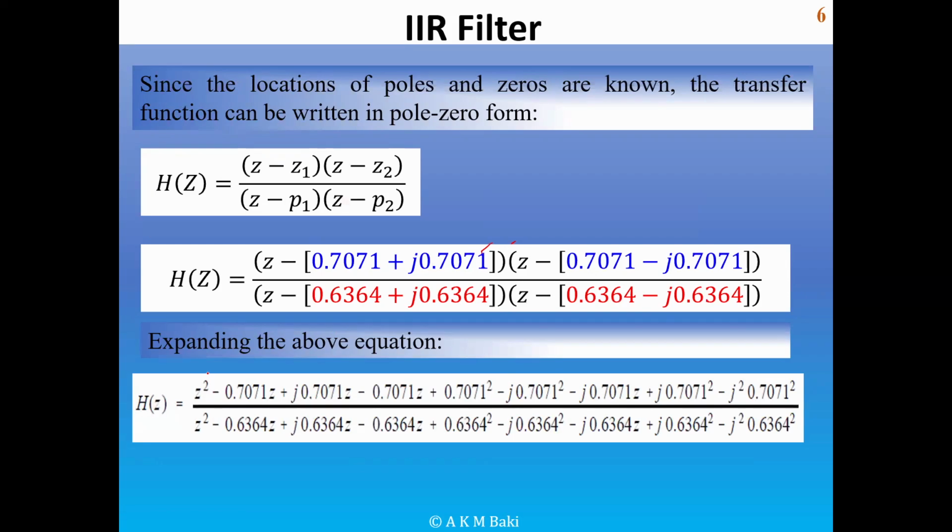So the first value will become z square, the next value will become some coefficient with z, this value is complex, and so on. Now the same is done on the denominator side. You can see the powers, all powers are positive.